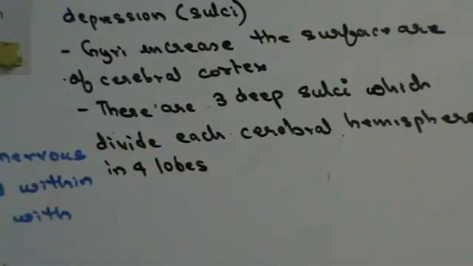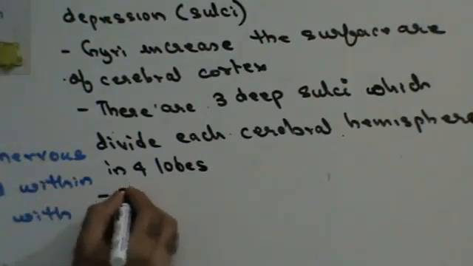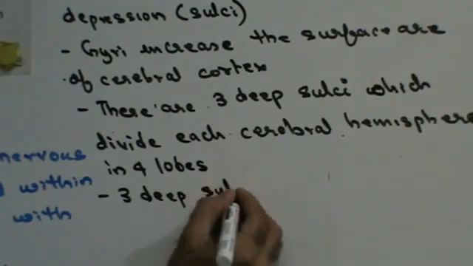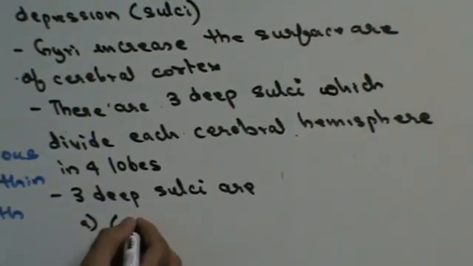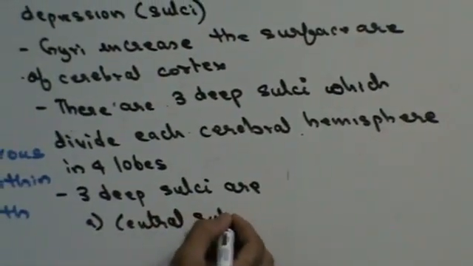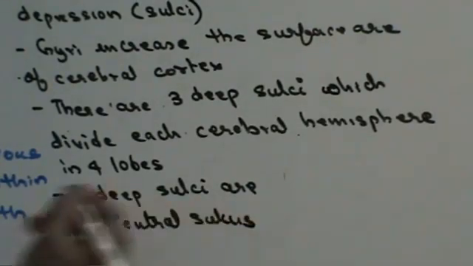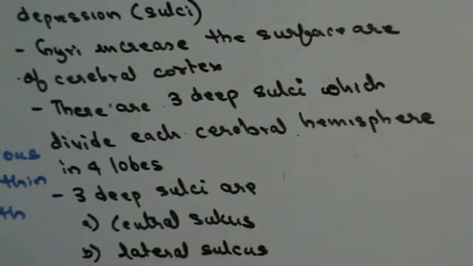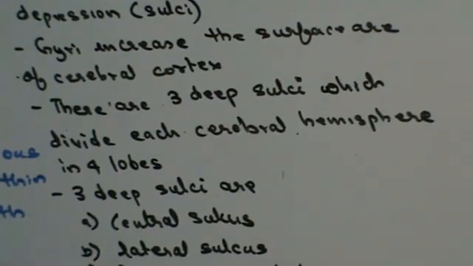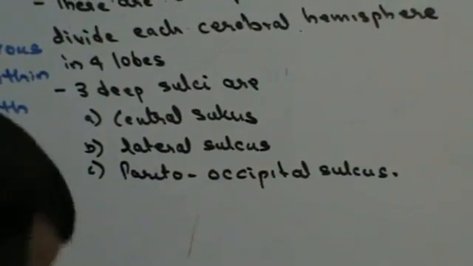Right? The three deep sulci are the central sulcus, then you have the lateral sulcus, and third you have the parieto-occipital sulcus. Right?